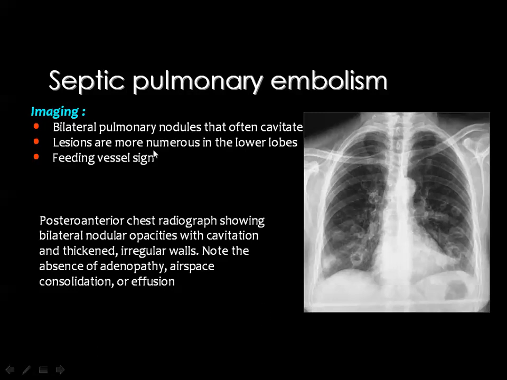Then the pulmonary nodules will appear solid if they are small, and they will cavitate if they are a little bit larger. Lesions are usually numerous in the lung bases, as you can see here, and if you follow every lesion, you can trace it centered over one of the pulmonary vessels.